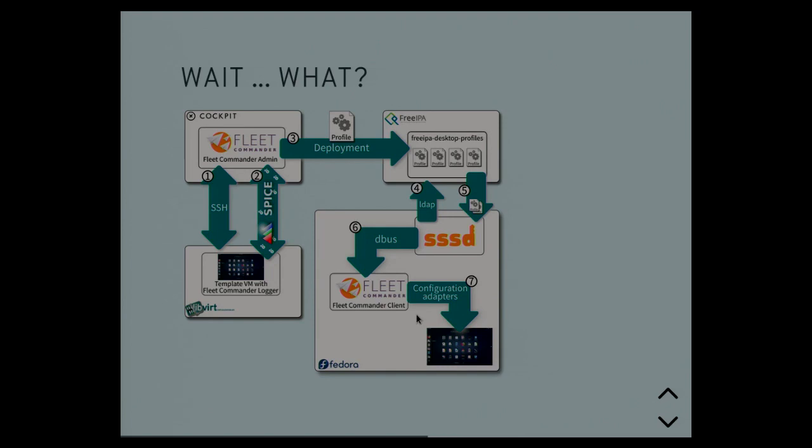In case it has, we are going to fetch those profiles and fire a D-Bus call to the Fleet Commander client. Then the client will combine all those profiles together and apply them at login time. And this is pretty much what we showed you.